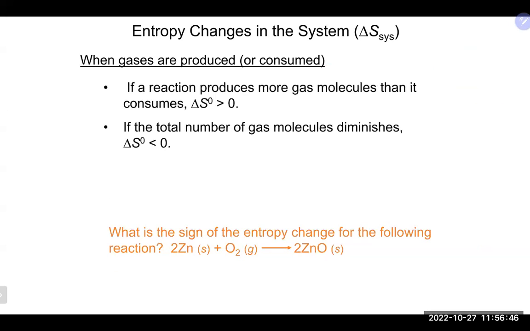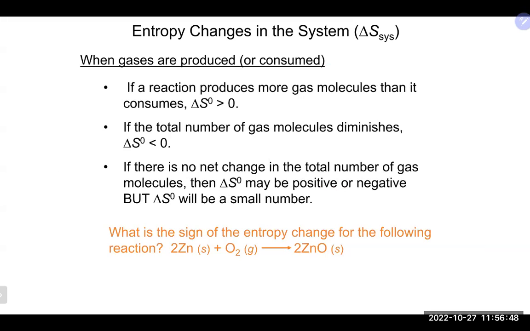If you have no change in the number of gas molecules, then it will be a relatively small number, and it may be positive or negative depending on which way it moves. But when there is a difference in the number of gas molecules, you can make a pretty good prediction. Not necessarily of the number, but whether it should be positive or negative, which can be helpful in case you mess up the math.